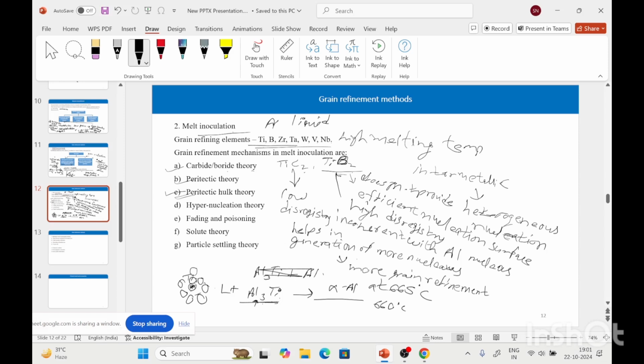Then above that, due to this, these aluminum atoms are fixed to this dissolving Al3I intermetallic, and upon that some aluminum atoms will be there.